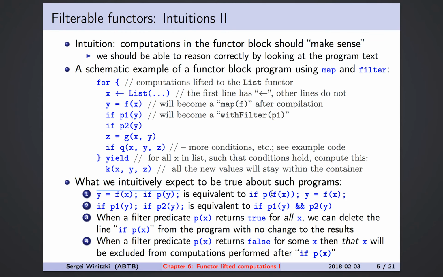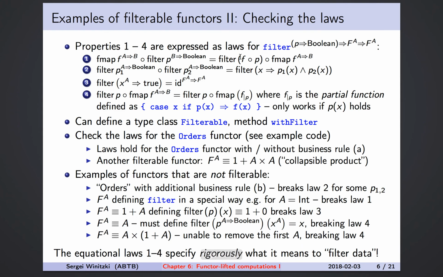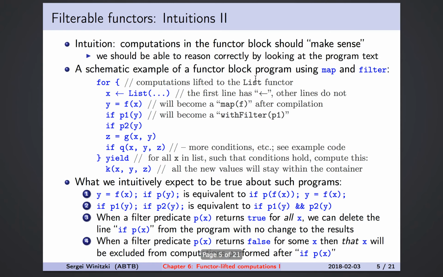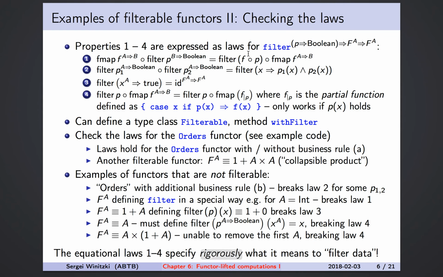Let me remind you that function composition works from left to right when you write it with this symbol, f composed p. But if you want to write it specifically as code, you must put the functions in the opposite order, p of f, because first you took f of x and then you applied p to the result. And so first you took f and then you applied p.